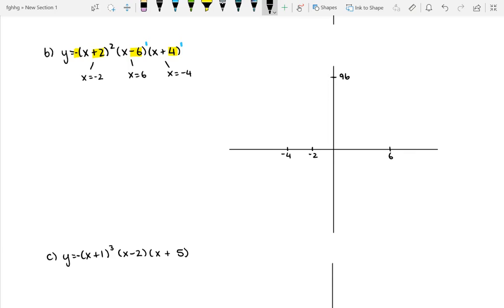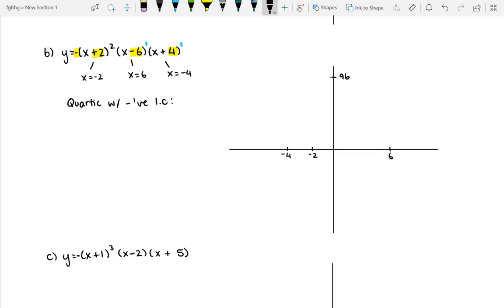Alrighty. So let us take a look at my end behaviors for this particular function. Now this polynomial here, this is a quartic function. And if I take a look at my leading coefficient, if I was to expand this, it actually has a negative leading coefficient. So it's a quartic with a negative leading coefficient. That's going to change your end behaviors.